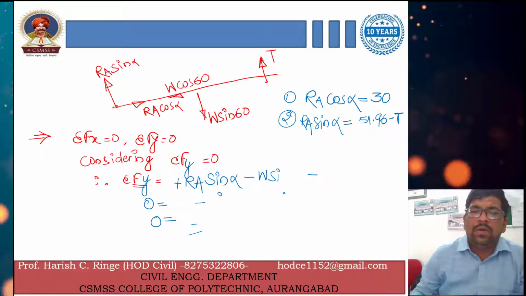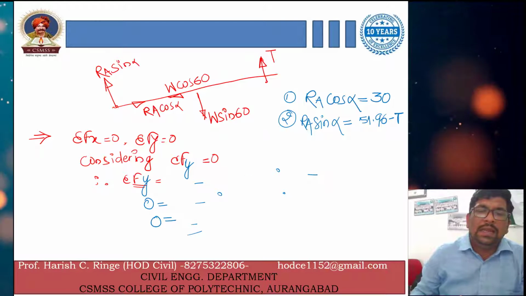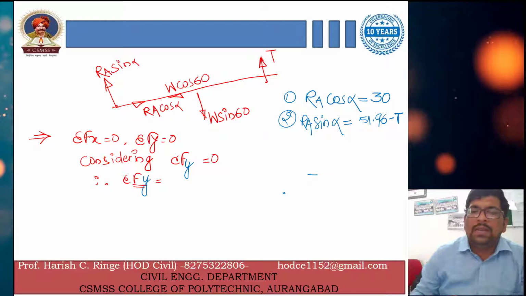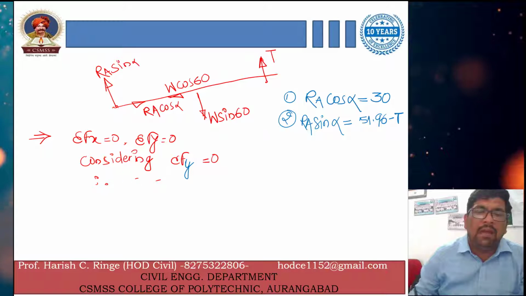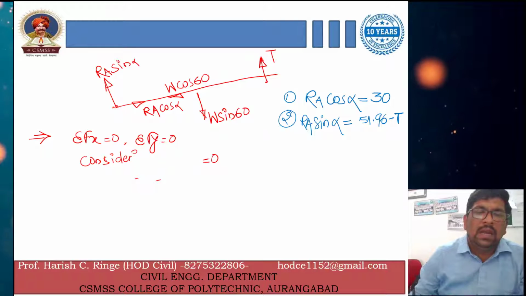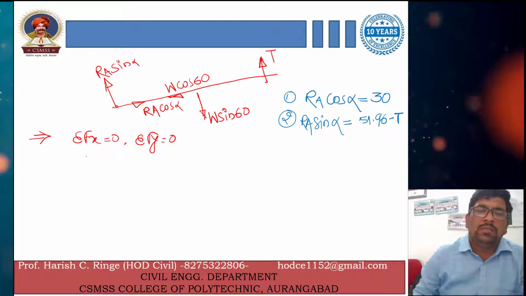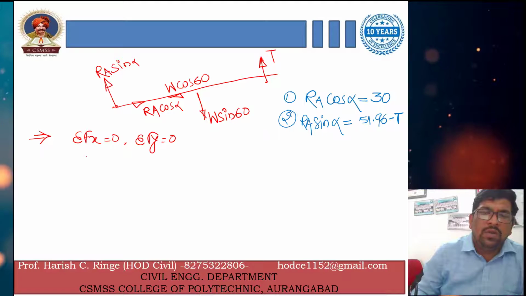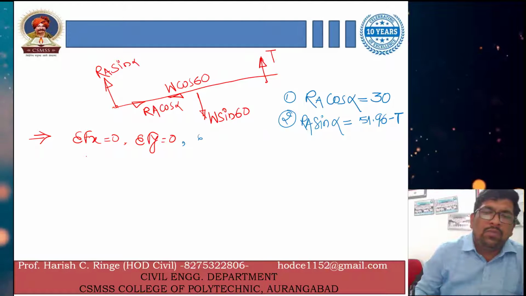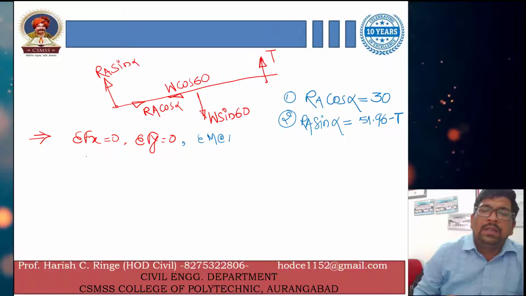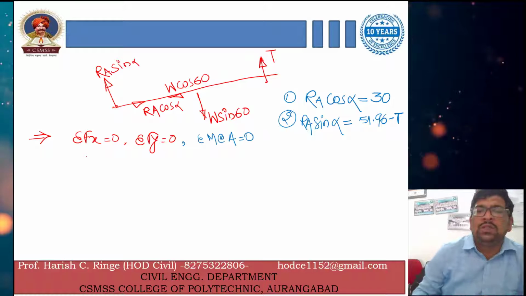While solving problems related to equilibrium, we know that we have three different conditions along with us. What are those? The first is summation Fx equal to 0, summation Fy equal to 0, and the last one is the moment, the summation of the moment at any point, say A, equal to 0, right?